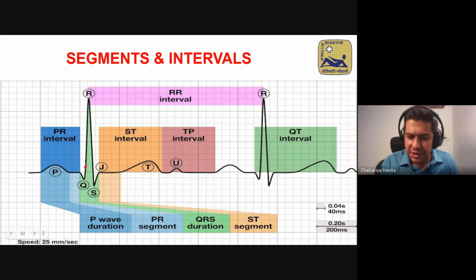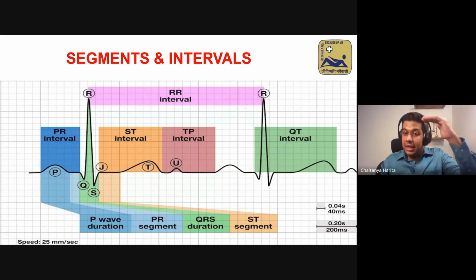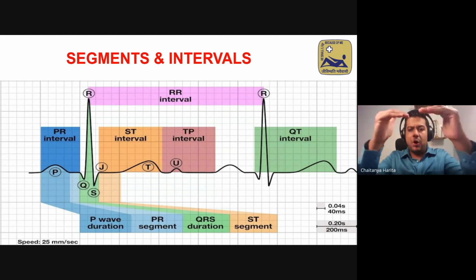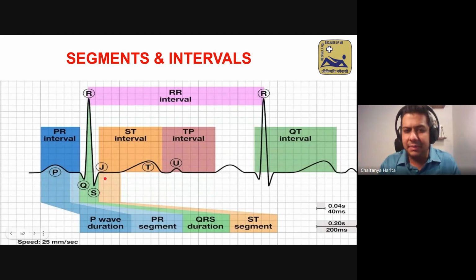If there is an elevation or a depression, it indicates ongoing vascular compromise. So if the ST segment is elevated, ST elevation MI. Depressed, non-ST elevation MI. If the PR segment is elevated, atrial MI. If the PR segment is depressed, pericarditis. So the PR segment and ST segment are normally isoelectric, should not be up or down from the electrical baseline.